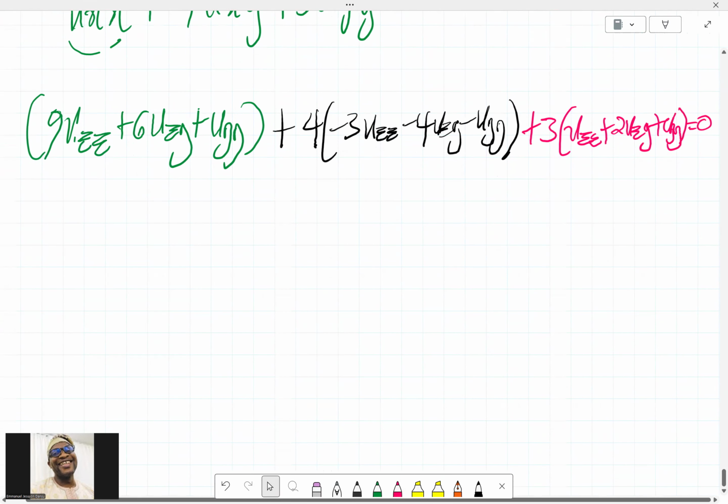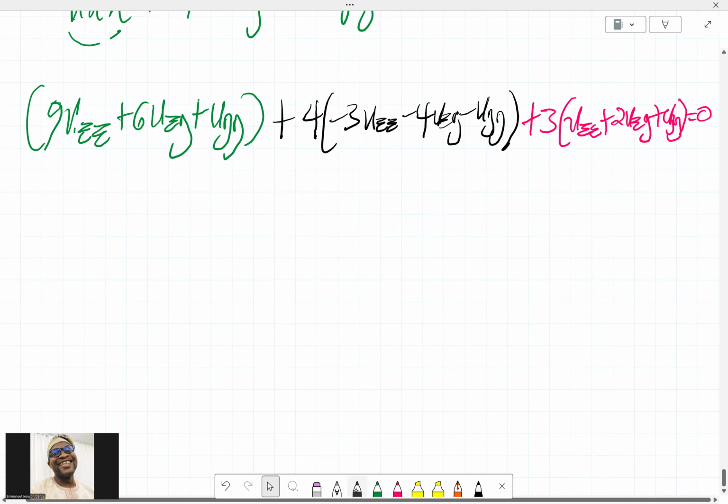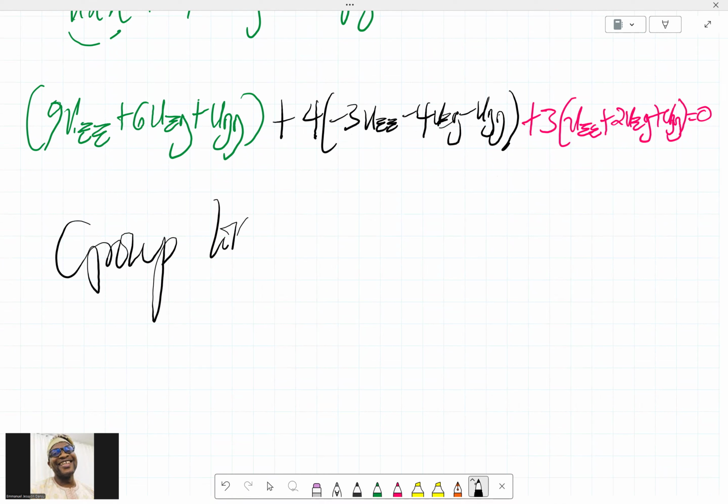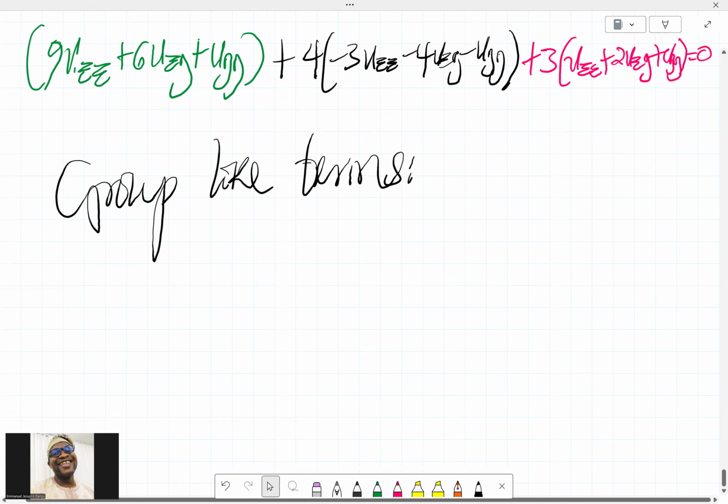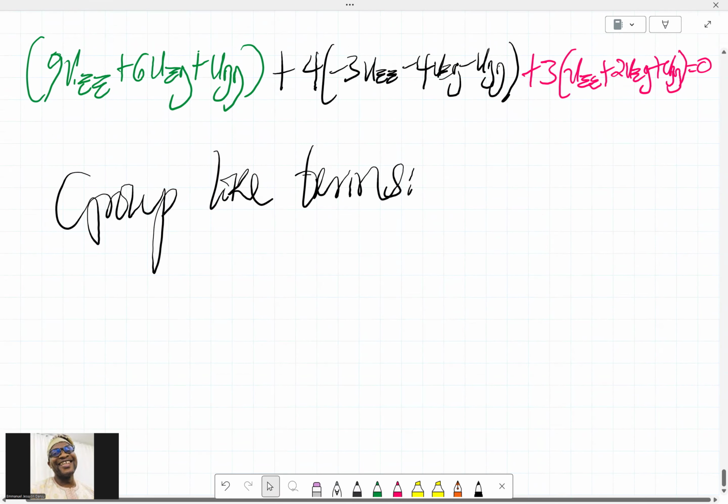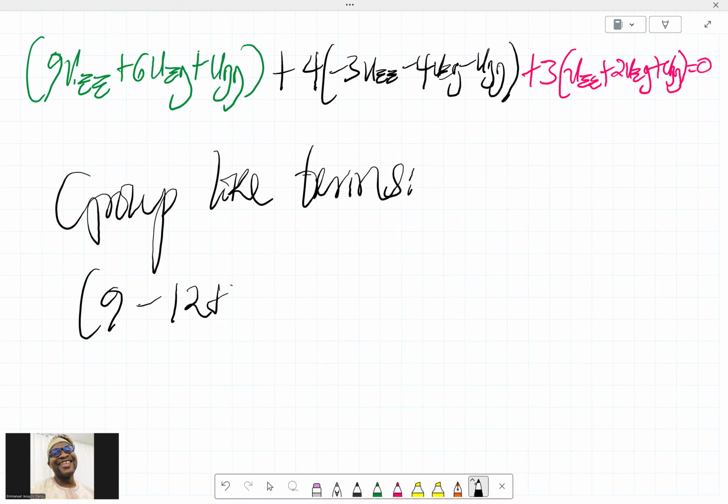Lengthy, right? So if we group like terms, we see that for u psi psi we have 9 minus 12 plus 3.